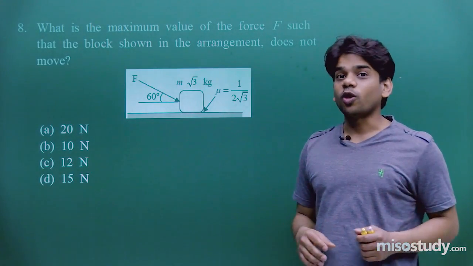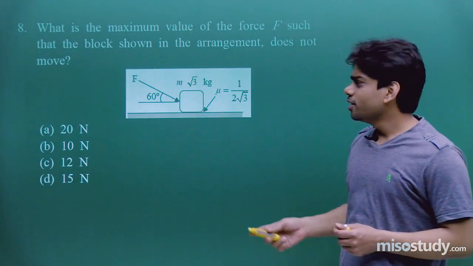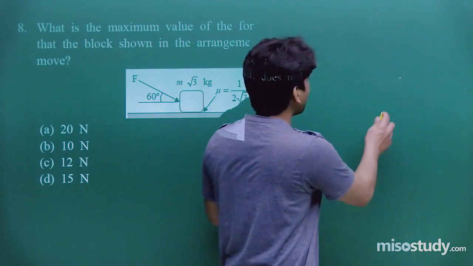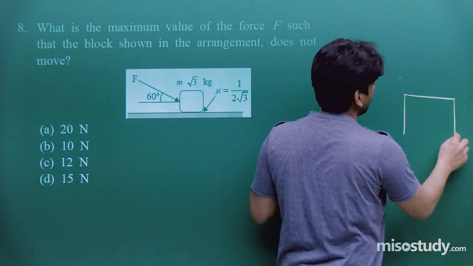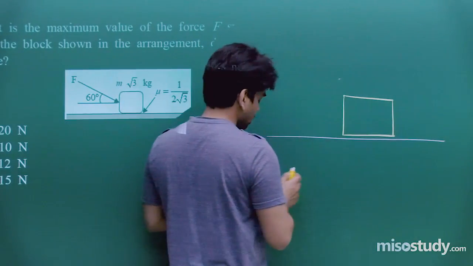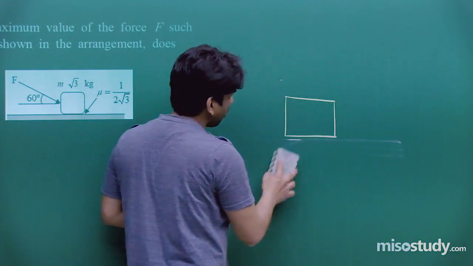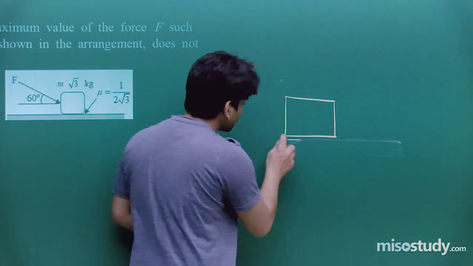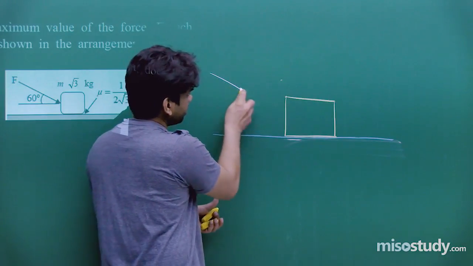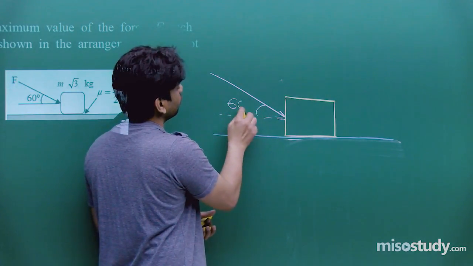Let's try to find the best option suiting this question. Now see, I will draw the free body diagram of this block. How would it look? Here we have this block, and let me show you the forces acting on it. The force is applied making an angle of 60 degrees with the horizontal.